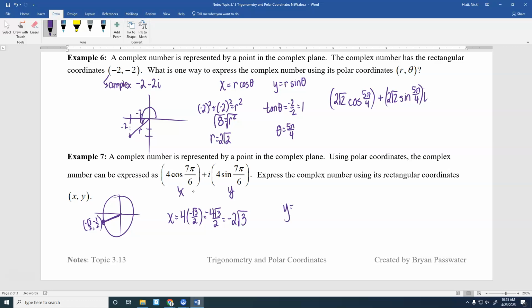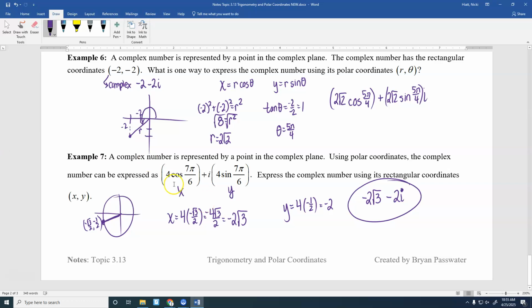Your y coordinate is just 4 times that sine value, which is -1/2. So you get -2. So as rectangular coordinates, I could have negative 2 root 3 minus 2i. That's what we're looking for here.